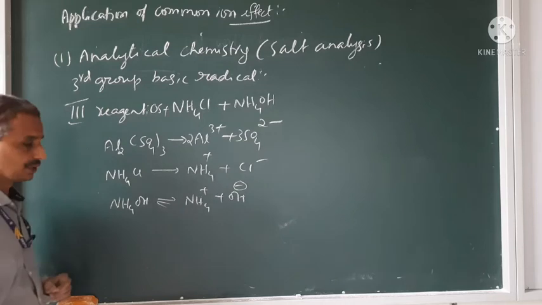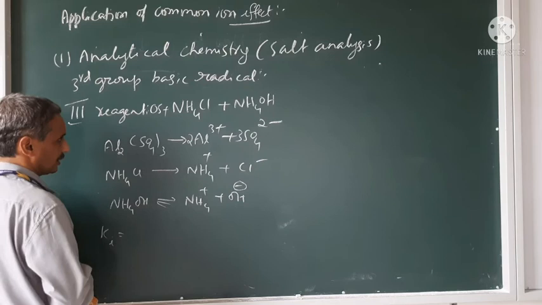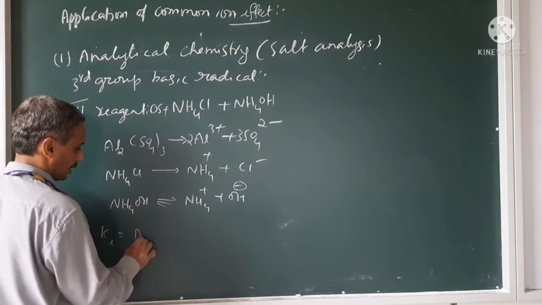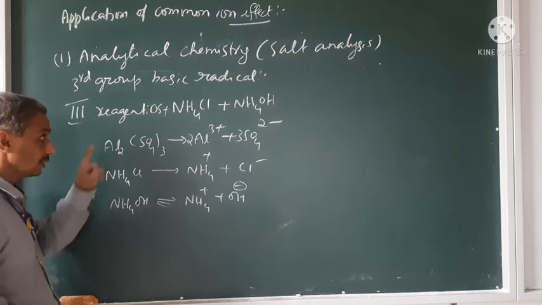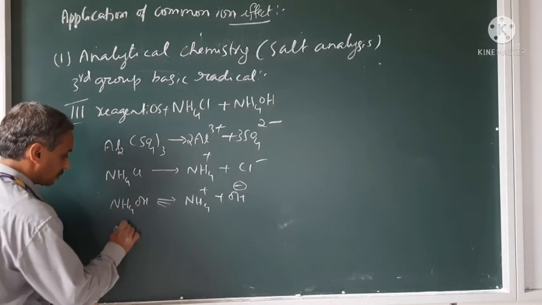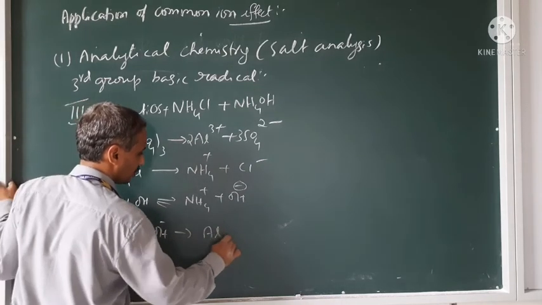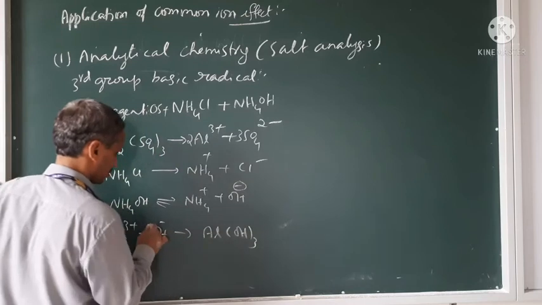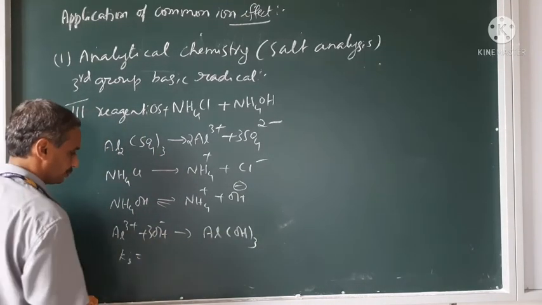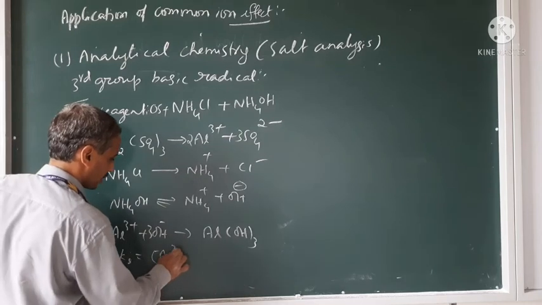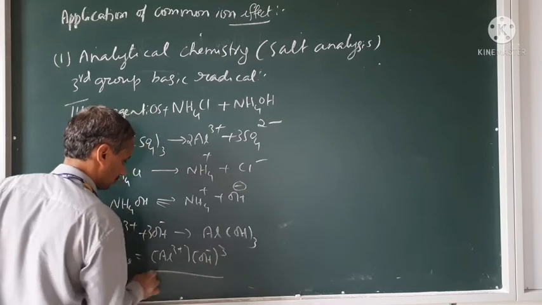And what is that? See, the ionic product is equal to Al. How does this reaction go? Al3 plus will react with the OH minus to give Al(OH)3. So the ionic product is equal to the Al3 plus ion concentration times the OH minus concentration to the power 3.